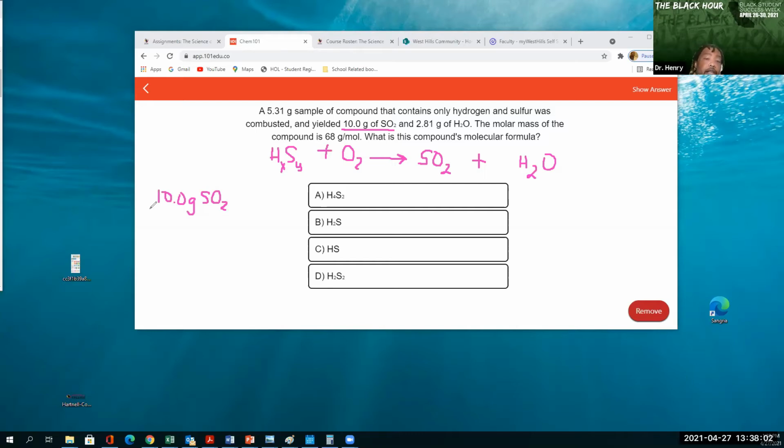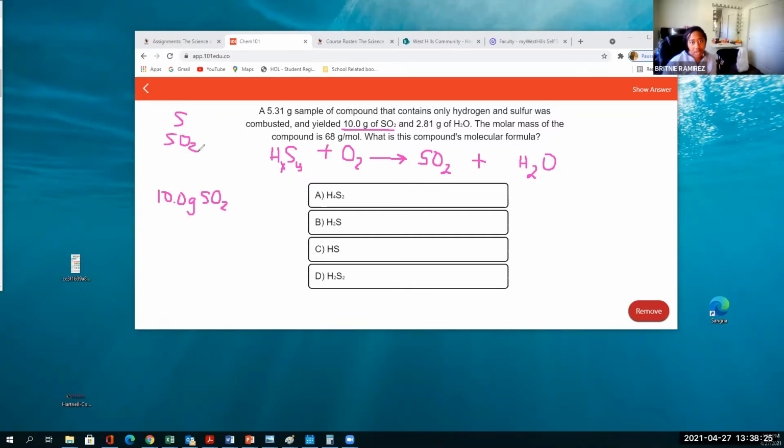So if we change our sulfur dioxide to moles, we can compare the number of moles of sulfur in sulfur dioxide. So how many moles of S are there in SO2? Is that 32? Would you go off of that? Well, we're going to eventually get to the grams, but grams is not moles.